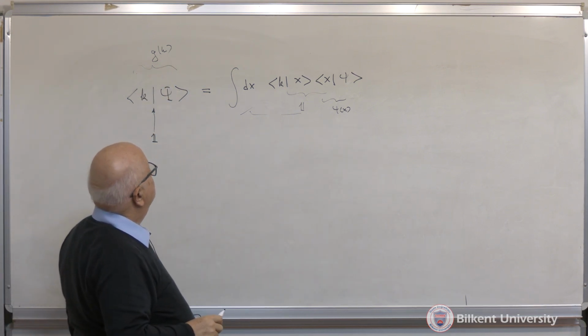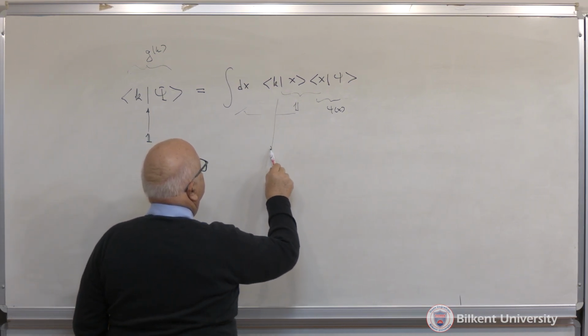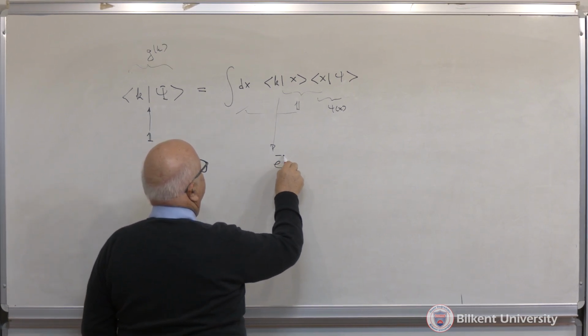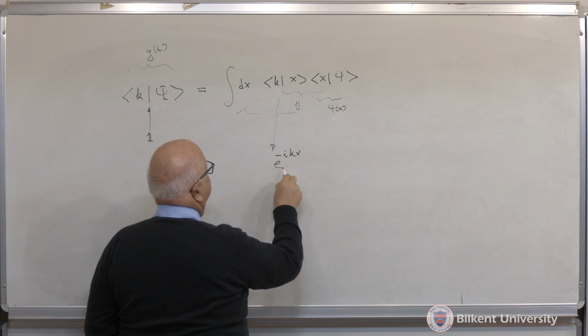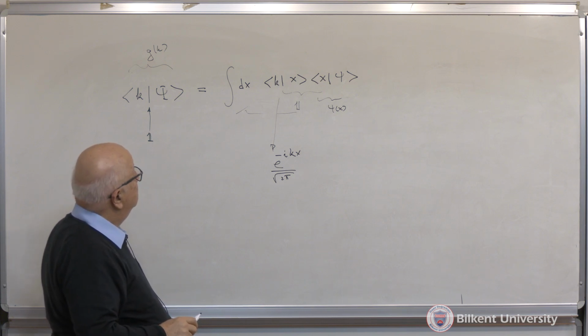Minus i kx. It's going to be e to the minus i kx over square root of 2 pi, right? How do we end up with this minus i kx?